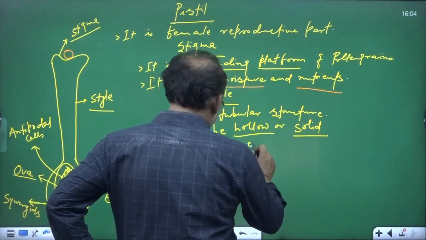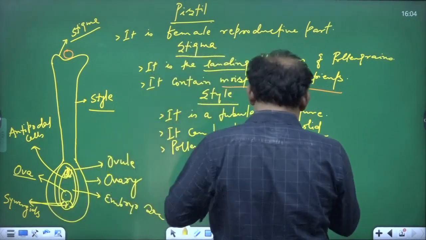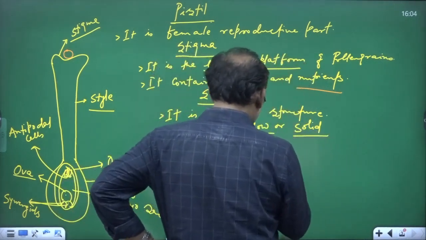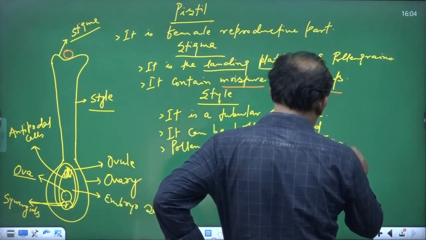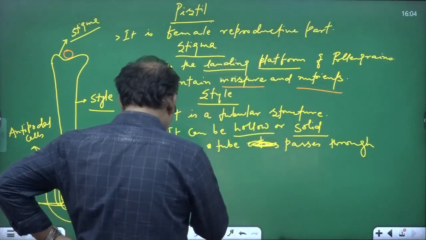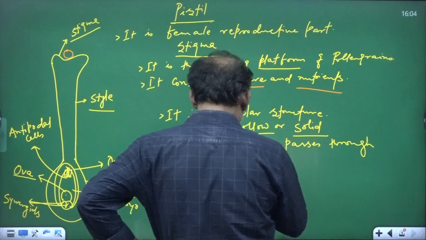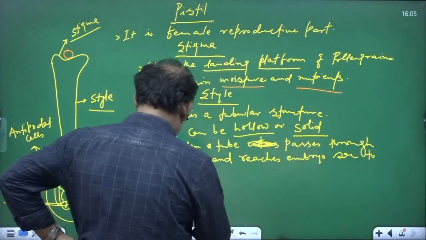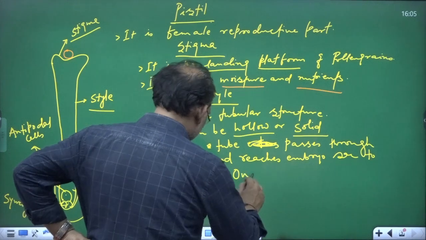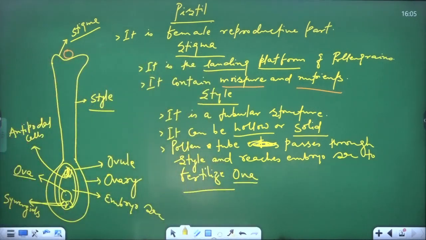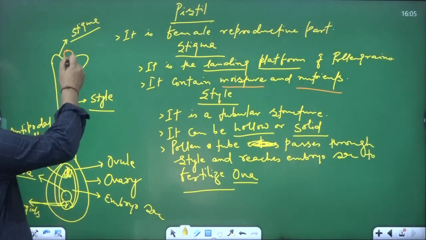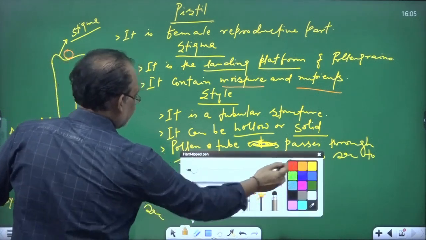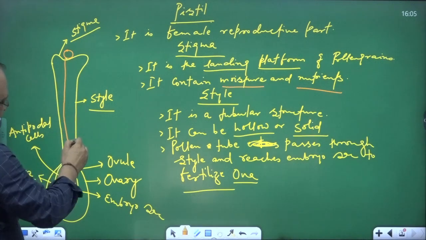Pollen tube, write like this: pollen tube passes through a style and reaches embryo sac to fertilize ova. So this pollen tube will pass through the style, right? See, the pollen tube moves like this.